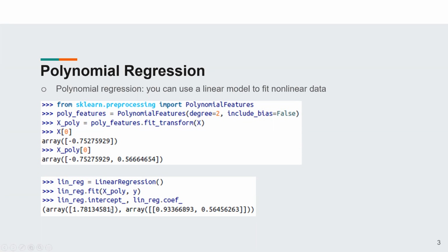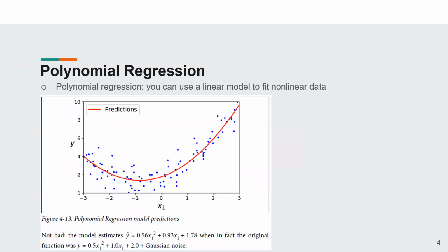And then after the fit, in this example, you can see that the intercept is 1.78 with two coefficients. One is 0.93, the other one is 0.56. So what does that indicate? That essentially says we can use a model estimate of a second degree polynomial: 0.56 x1 squared plus 0.93 x1 plus 1.78.